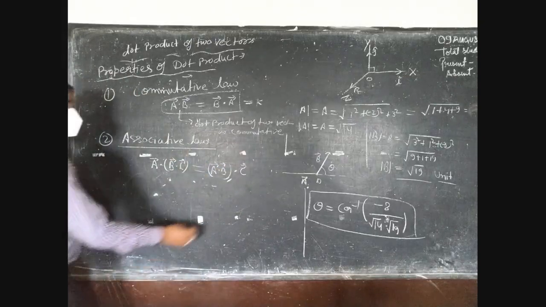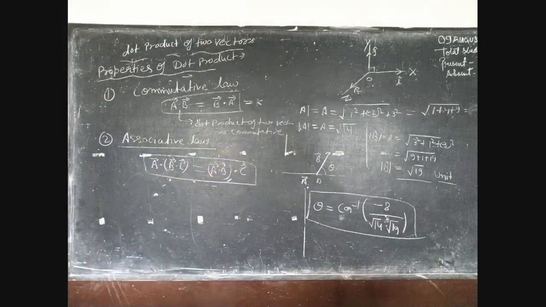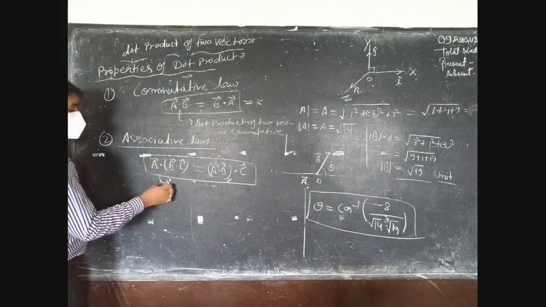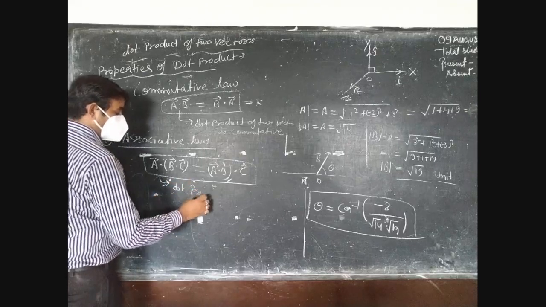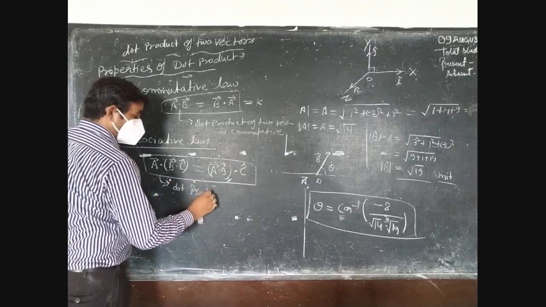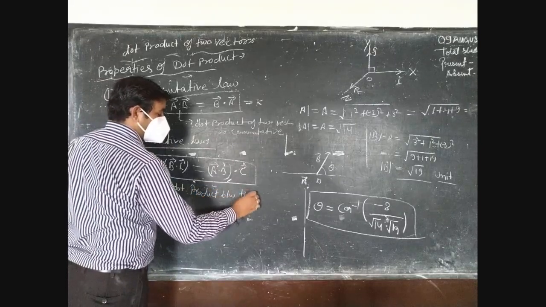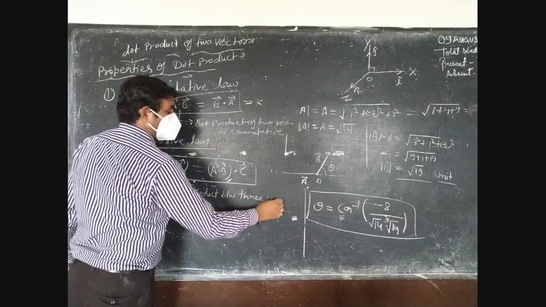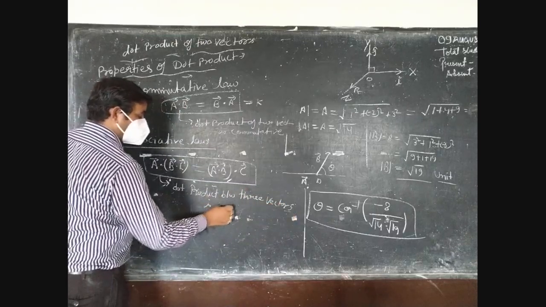So this is called the law of associative between the three vectors, and we observe that the dot product between three vectors is associative.